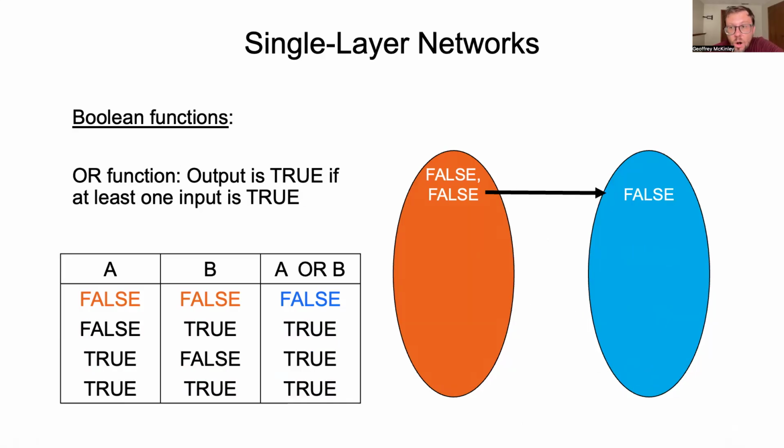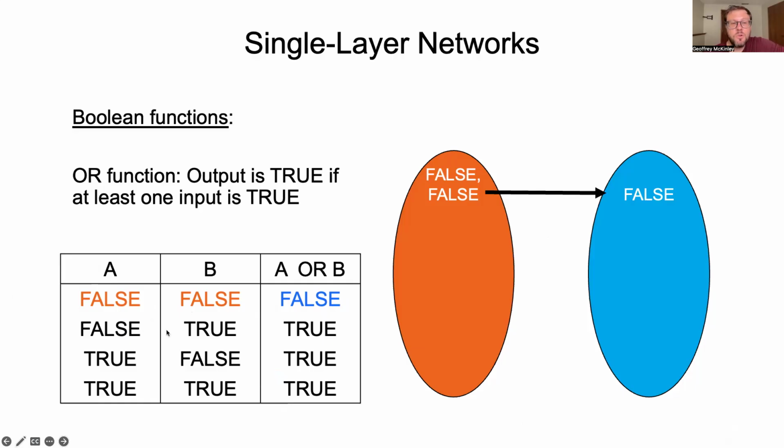We can talk about an OR gate or an OR Boolean function. Here, the idea is that one event or the other needs to be true. Both of them can also be true. So at least one or the other, but both can be true too. If both of them are true, then the function is true. Notice here, when both A and B are false, the output is false.